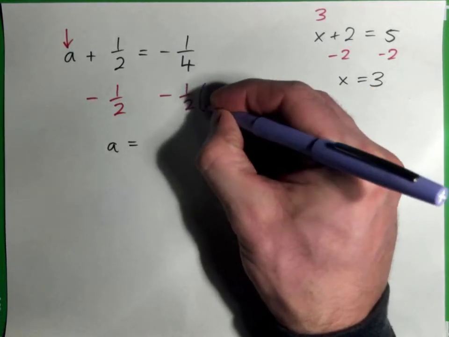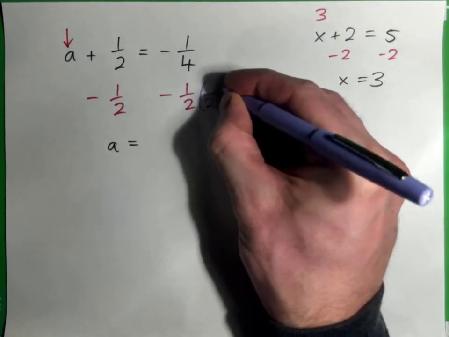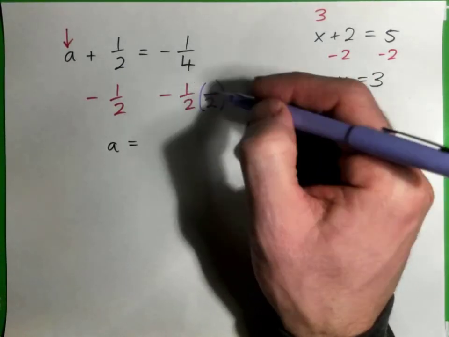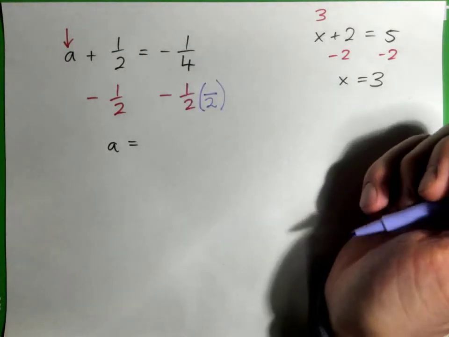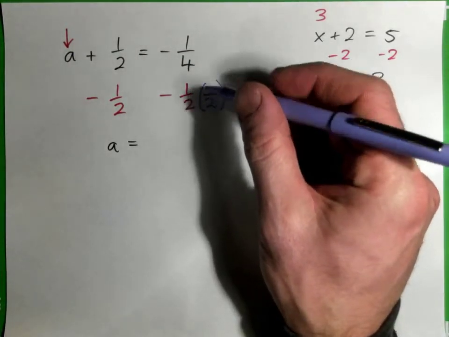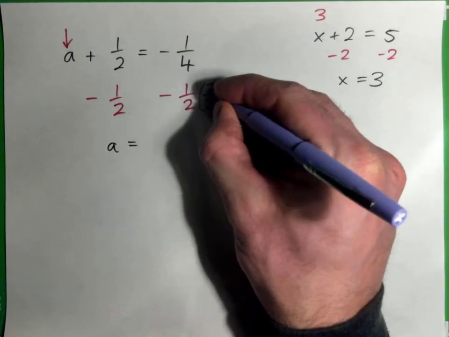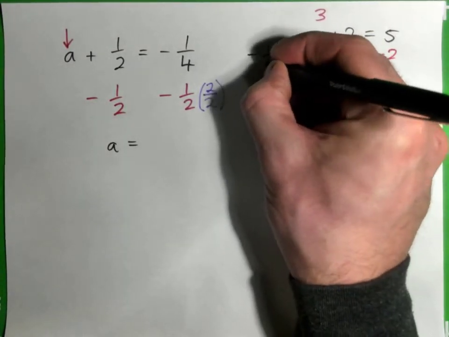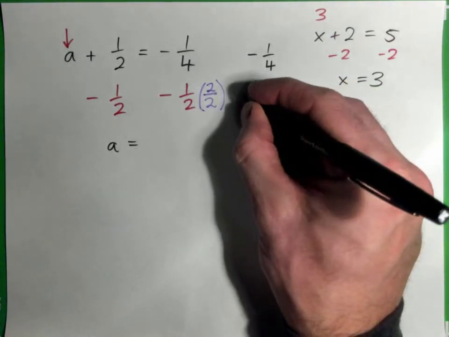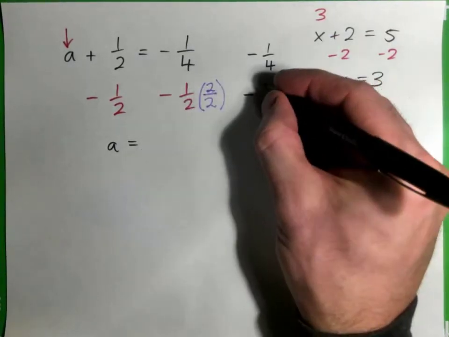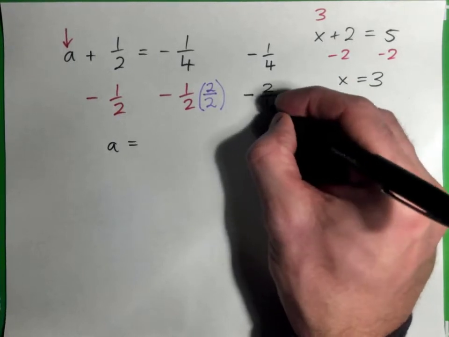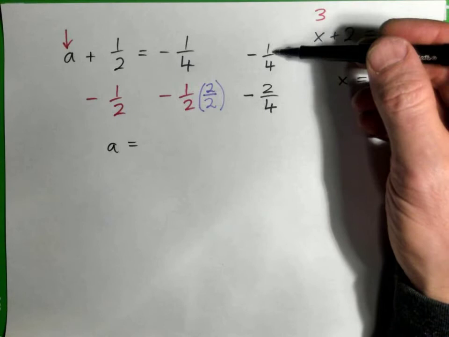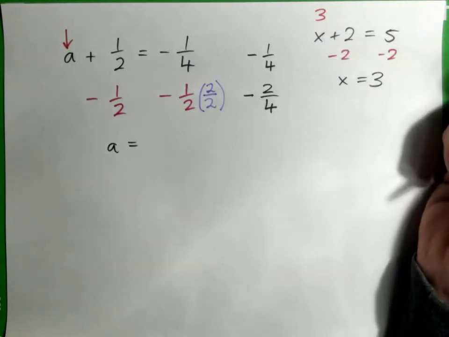So if we multiply this bottom here by 2, it'll become 4, and then we'll have 4 on both denominators, both bottoms, right? But if we multiply the bottom by 2, we must multiply the top by 2 also, so that we have negative 1/4 minus, and then it's 1 times 2, that's 2, and 2 times 2 is 4, 2/4. Does that make sense? So you have negative a quarter, subtract 2/4, right?